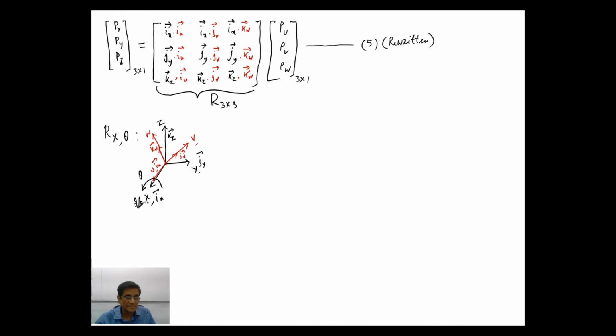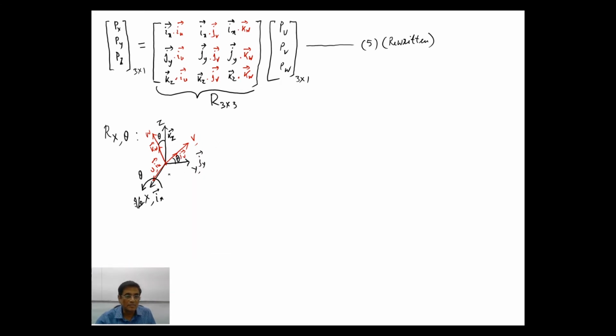It hardly matters, but the convention is when I am looking from here, this should be anti-clockwise. And you see ix and iu, U and X are still overlapping, and V has flipped from Y and W has flipped from Z. And this angle is theta. This is orthogonal transformation.